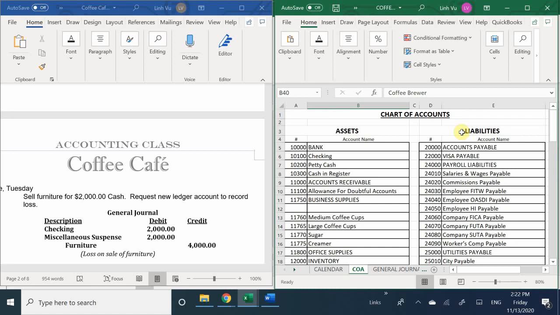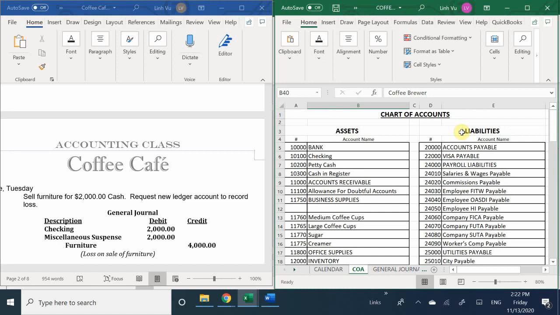So right now, the assumption is when we receive cash, whether in the form of sales or if we've sold something, we're going to automatically deposit it to our bank account. That is exactly why we use checking.